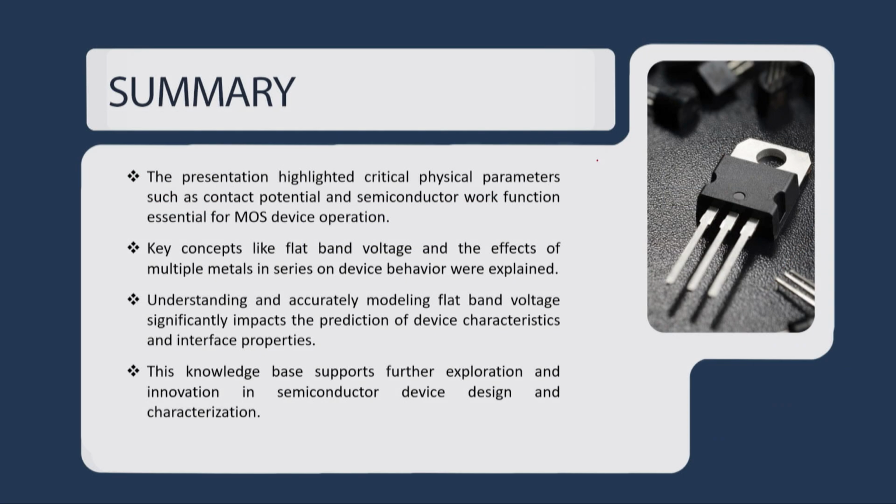Let me summarize. In this lecture, we have seen what is contact potential. The contact potential is nothing but when two different materials come in close proximity or in contact, a potential is developed such that under equilibrium, the charge transfer will be blocked by that potential. We have seen what will happen when different materials are in series.